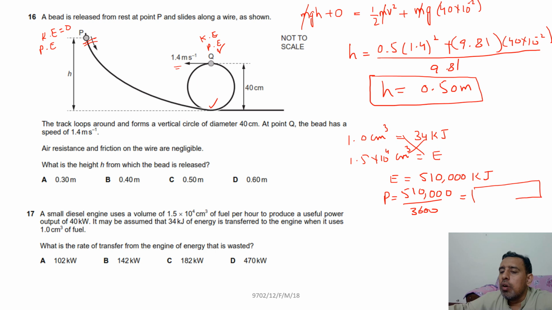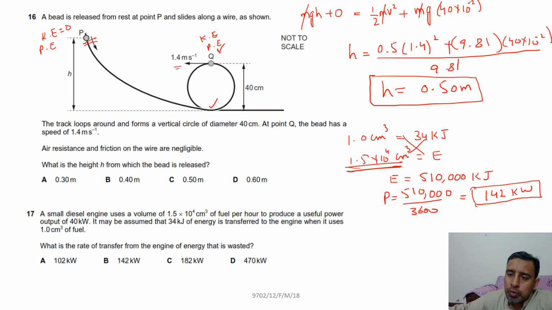So the input energy is 142 kilowatt. So 142 is the input energy, which is actually coming from this volume.